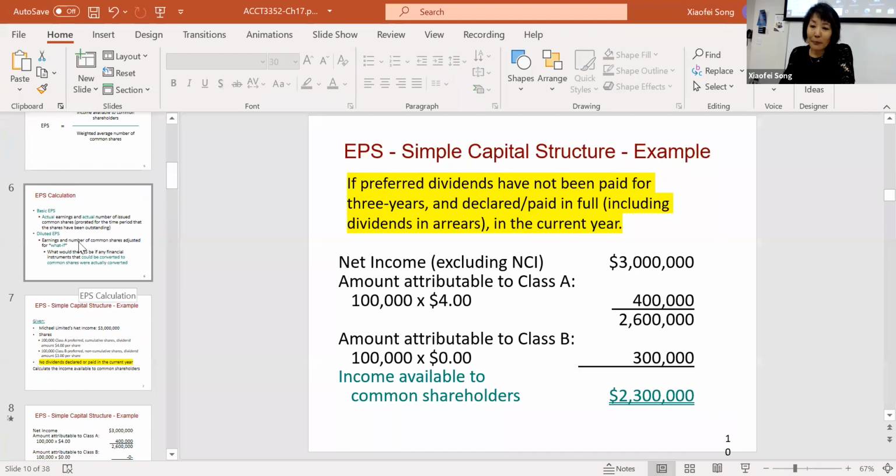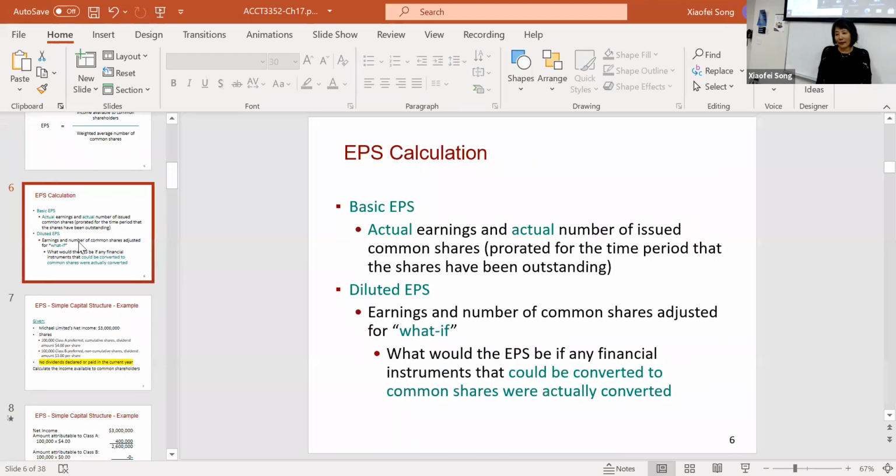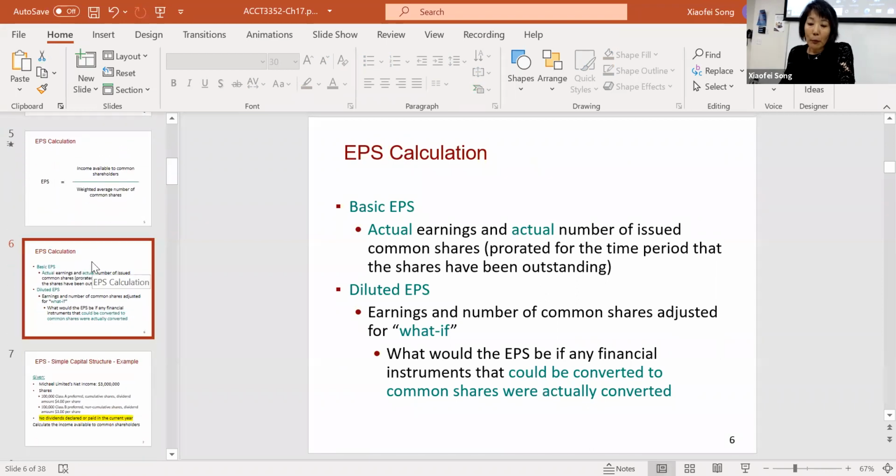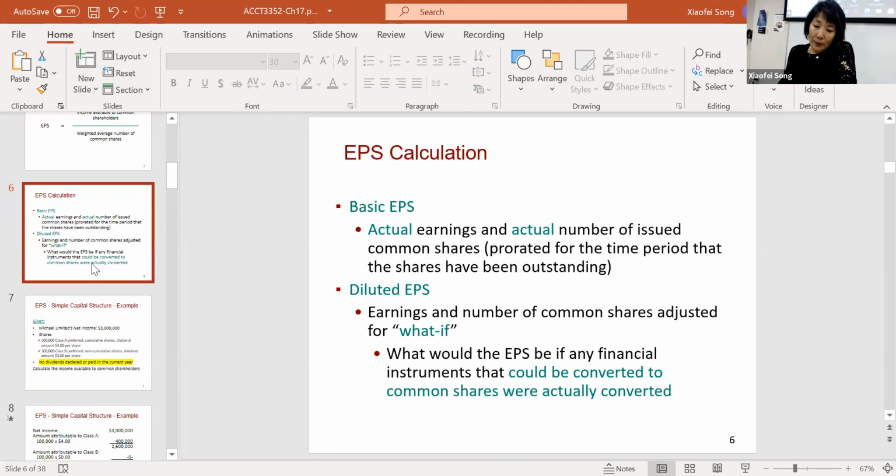basic earnings per share. I'm jumping back and forth, but I think that's a little better. Now we saw that some companies, in addition to basic earnings per share, also have diluted earnings per share. Diluted earnings per share is required when a company has what we call a complex capital structure. You only need basic earnings per share if you have a simple capital structure.